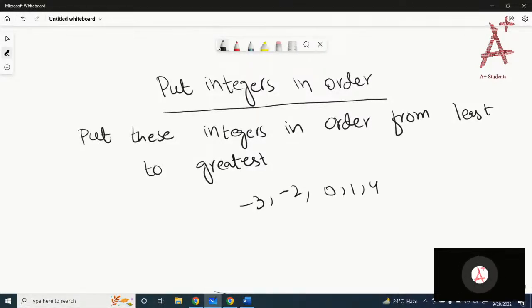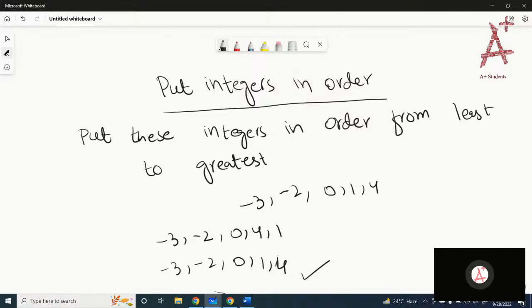The options you are given are -3, -2, 0, 4, and 1. And the second option is -3, -2, 0, 1, and 4. Okay, which option is the correct one? The first one or the second one? Very good. It is the second one. They are already arranged from least to greatest. Got it? So select the correct option and click on the OK button.